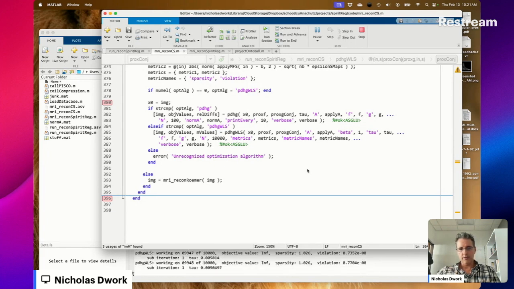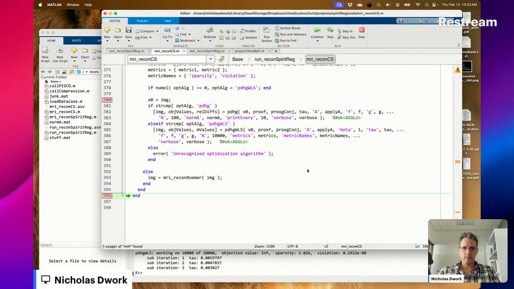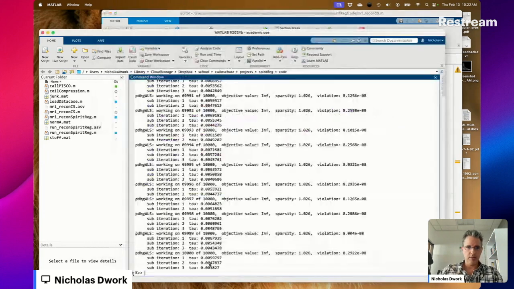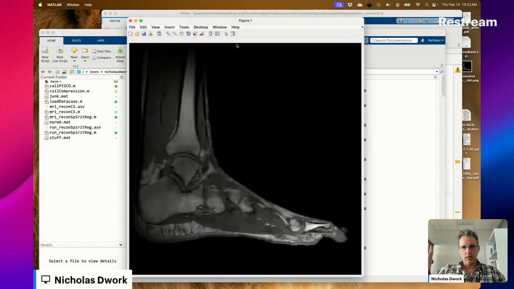The objective value is infinity. Glad I put that breakpoint there. It's terrible. All of that, and it's terrible.